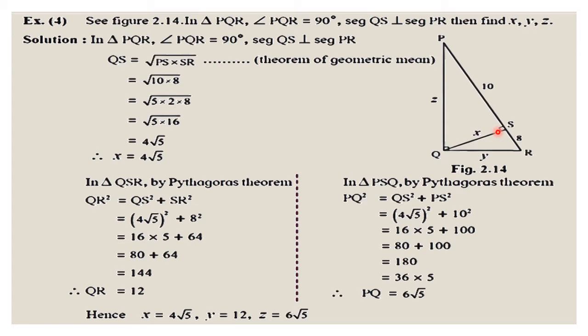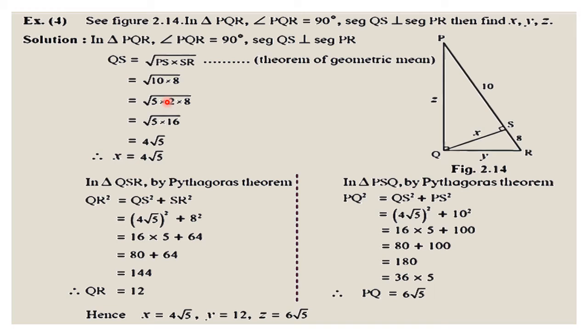Now first thing, this x we can find very easily using geometric mean theorem. X square is same as 10 into 8. 10 is PS, that is QS is equal to square root of PS into SR by theorem of geometric mean. PS is 10, SR is 8. 10 8s are 80. Otherwise also 10 can be written as 5 into 2.